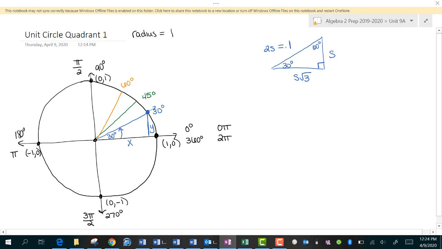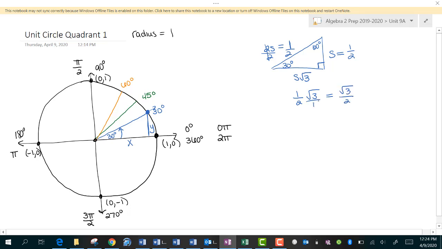So if I'm told that 2S equals 1, I want to solve for S. So I'm going to divide both sides by 2, and I end up getting S equals 1/2. So that means that this length over here, this vertical distance, is 1/2. And then to figure out the horizontal distance, I'm going to substitute 1/2 in for S. So 1/2 times the square root of 3, which would actually be written as root 3 over 2.